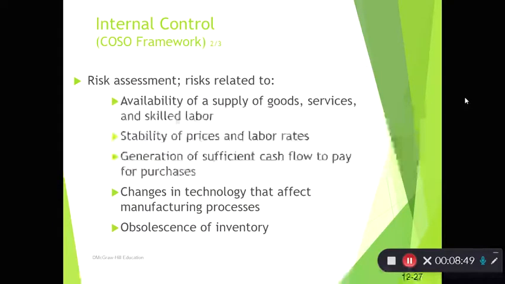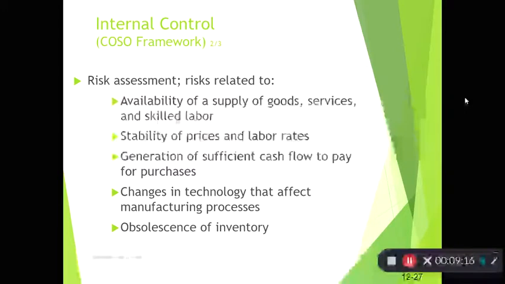For risk assessment, then we're going to be looking at, okay, how scarce of a supply do we have for our raw materials? Are there a lot of suppliers out there, for example? Is it a very competitive industry, or is it a monopoly where if one vendor had a problem, that'd be a big issue with acquiring some of our raw materials?